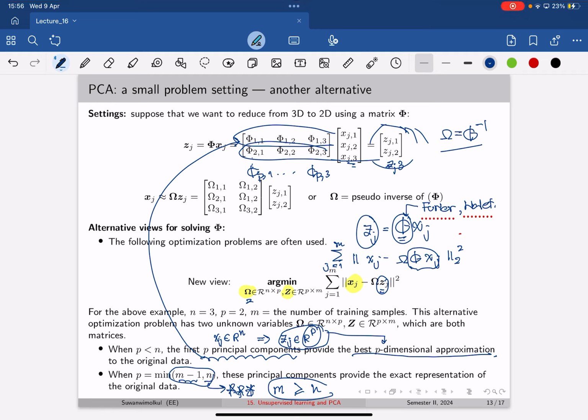If m is larger than n, it simply means that when p equals n, it could provide the exact representation.